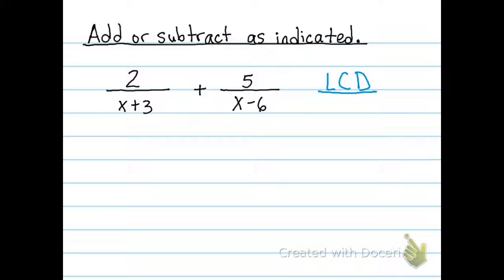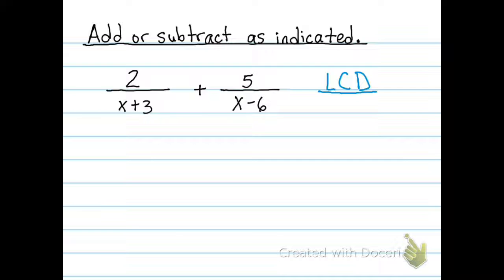Once you have the denominators factored, we're going to go through each denominator and write down each factor that we see. Now, if a factor occurs more than one time, we don't necessarily have to write it down exactly how many times it occurs. We just need to make sure that we write each factor down the most amount of times it occurs in a single denominator.